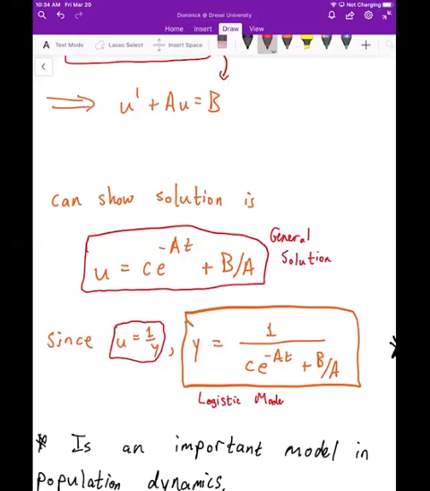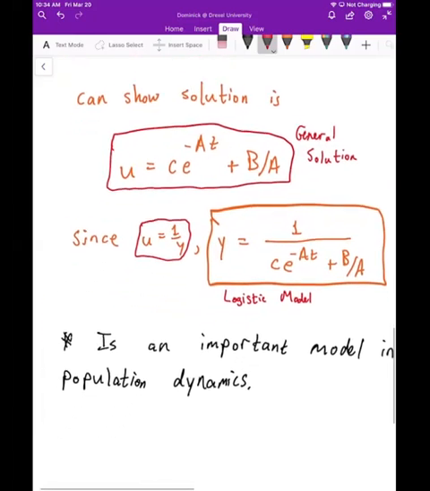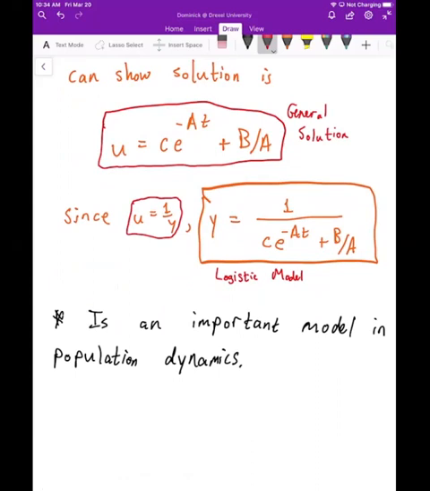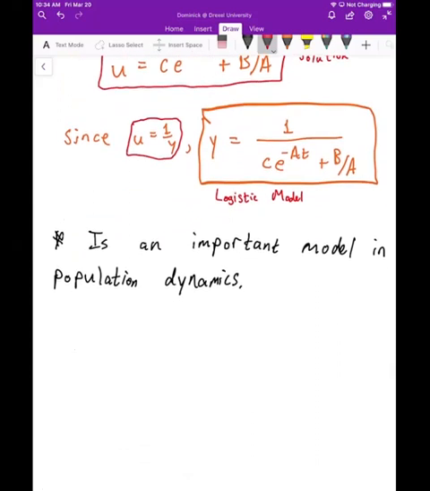So this is the logistic model in a non-differential equation setting here. I've just made a comment here that this is an important model in population dynamics because for the most part, if you're not familiar with the logistic model, one common model for presenting population dynamics is an exponential model.